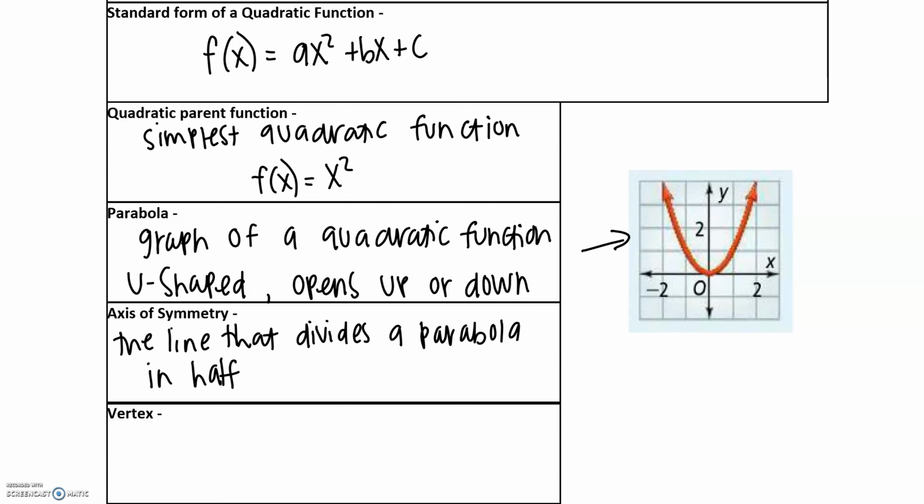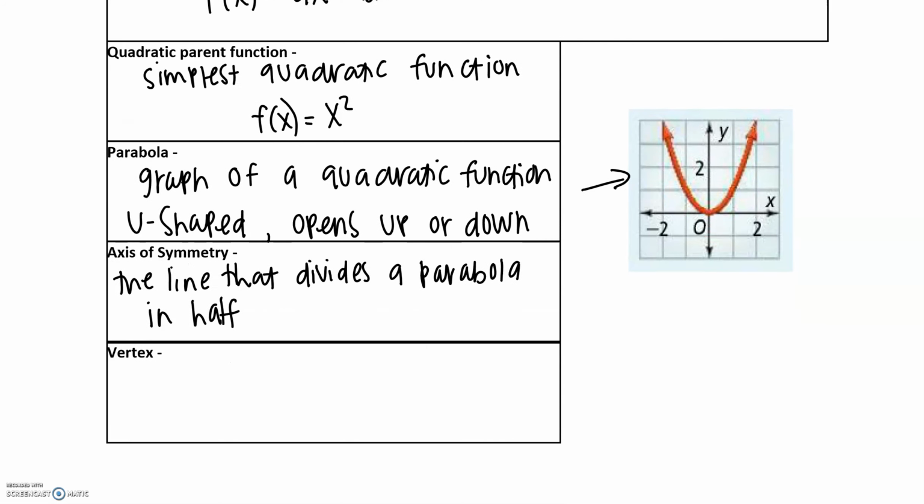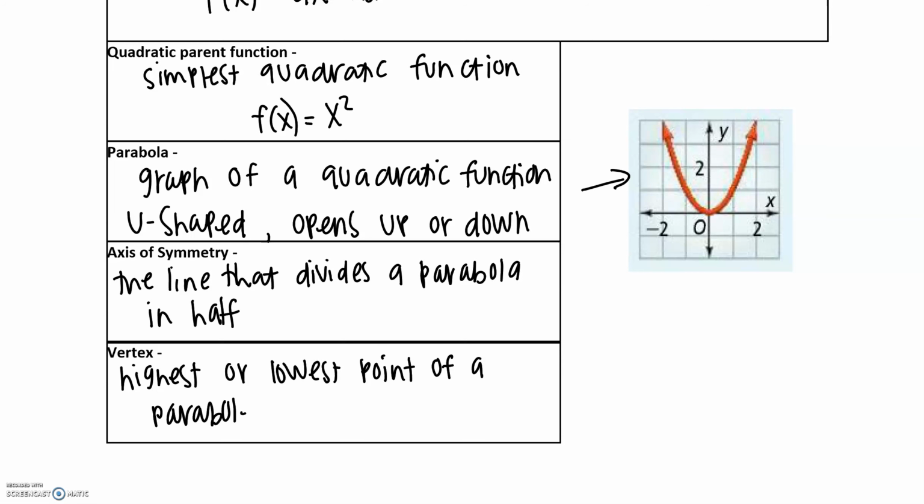Okay, last thing for this page, our vertex is the highest or lowest point of our parabola. Along with that, our axis of symmetry intersects at the vertex.